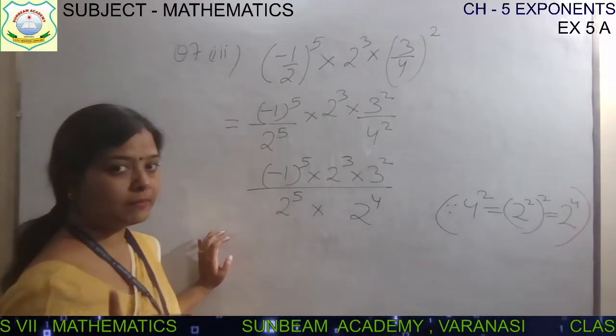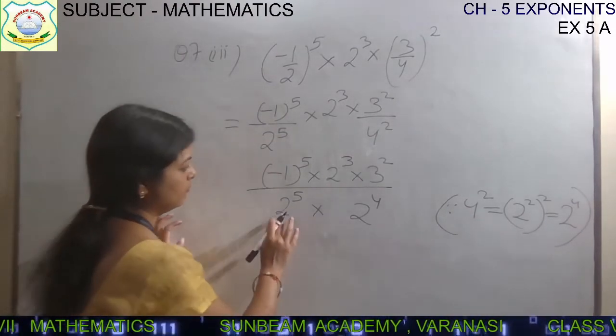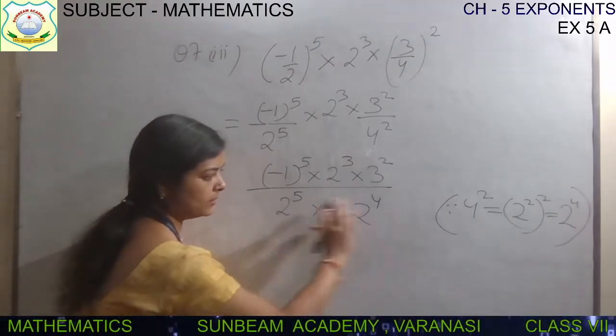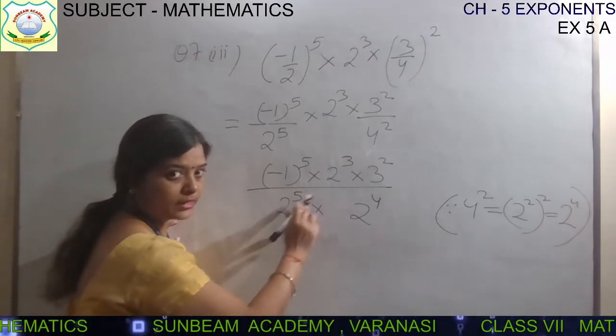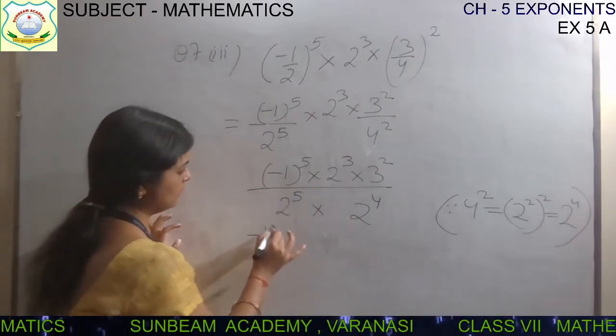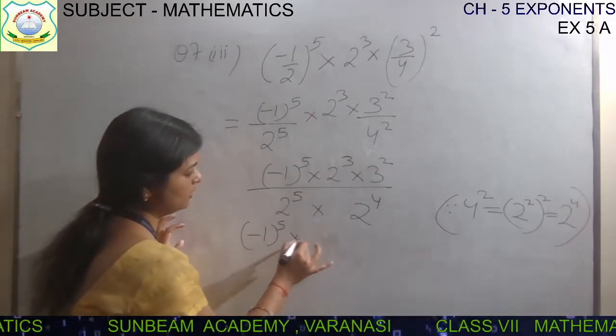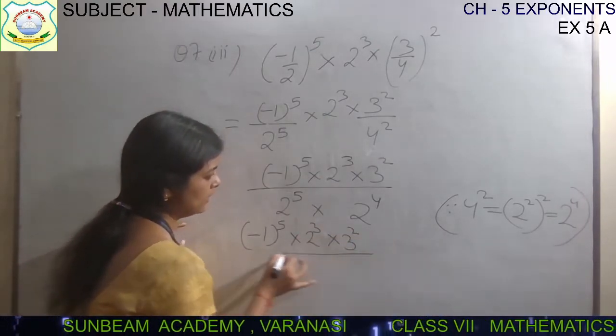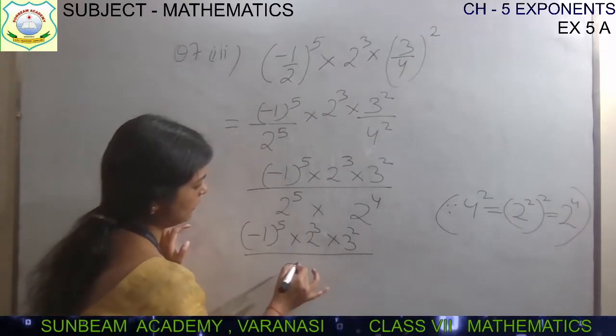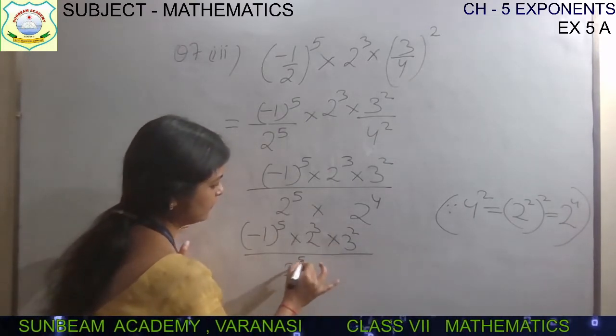Now why has your ma'am done this? Now let's see. Base are same. In the denominator, see, in the denominator the bases are same. You are multiplying them, so their power will be added. So this is minus 1 to the power 5 into 2 to the power 3 into 3 squared divided by 2 to the power 5 plus 4. 5 plus 4.